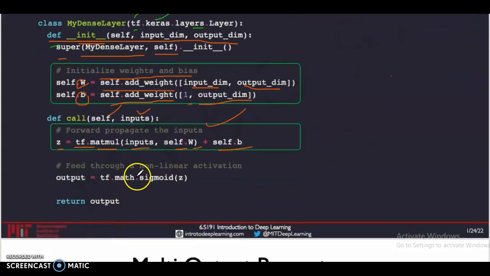Feed through a non-linear activation: output equal to tf.math.sigmoid. We have already seen sigmoid as a mathematical function. We expect this output in sigmoid, not tanh or other ways, like ReLU. Return output.